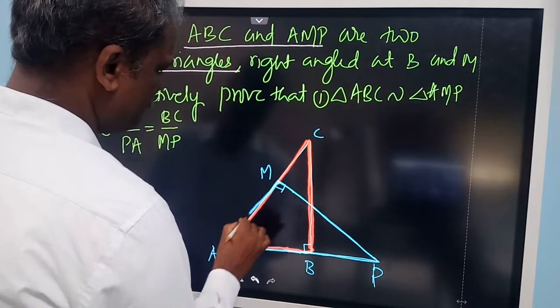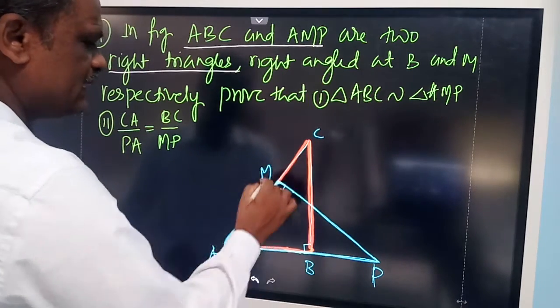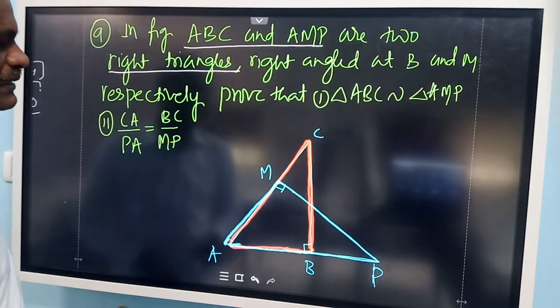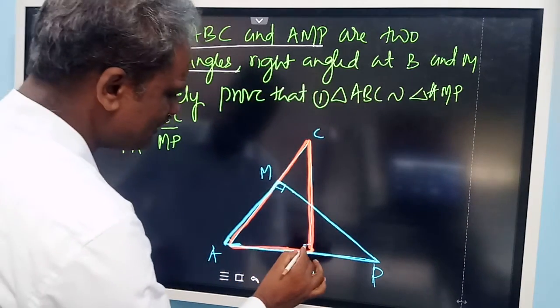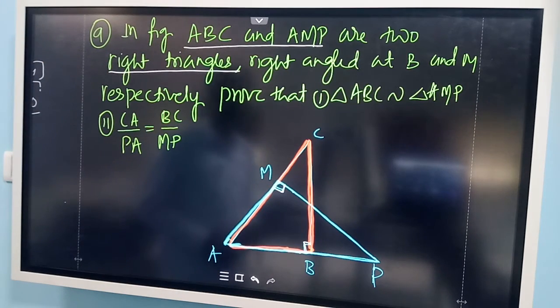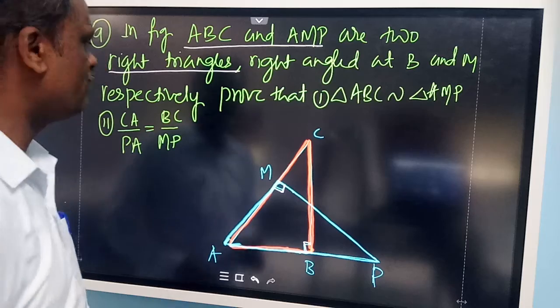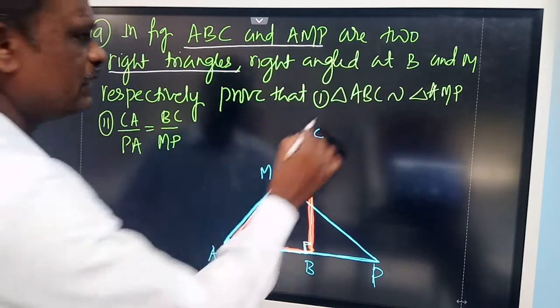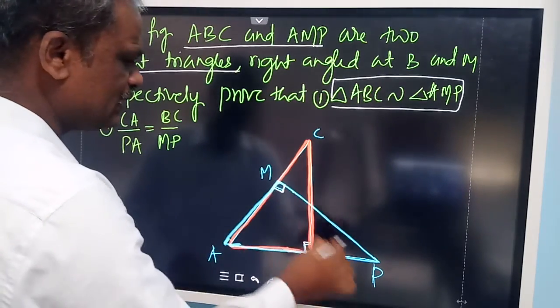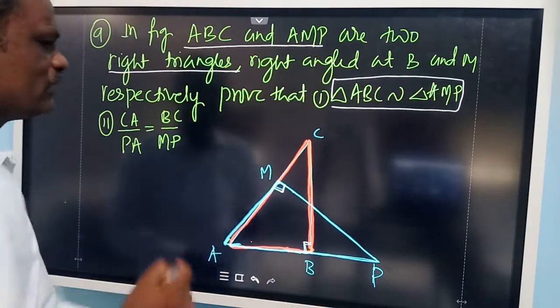So this ABC and this AMP are two right triangles, because right angle at B and M respectively. B is a right angle, M is a right angle. Prove that ABC is similar to AMP. So I have to show that triangle ABC is similar to AMP, then we will come to the second one.